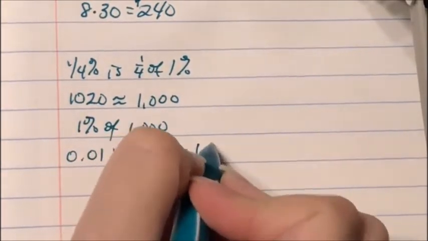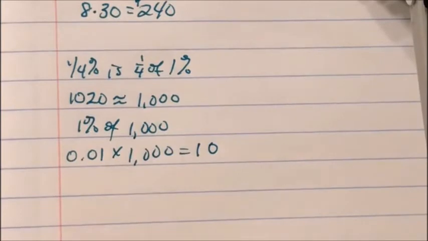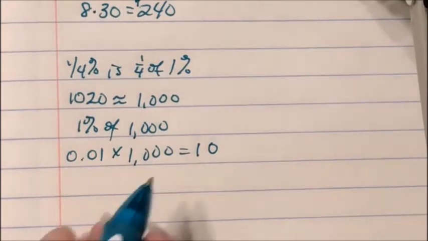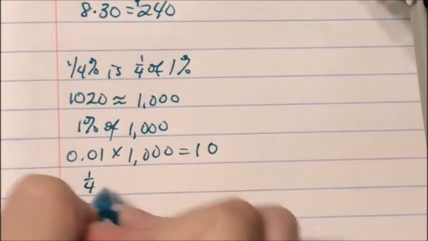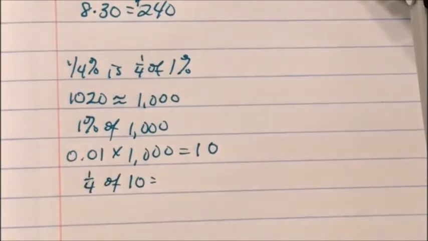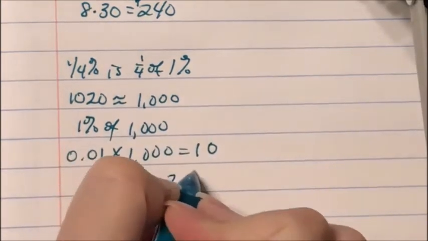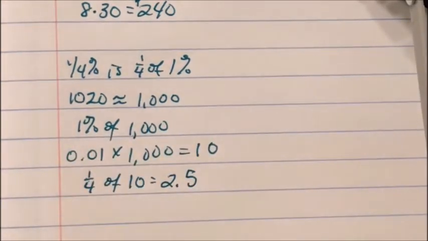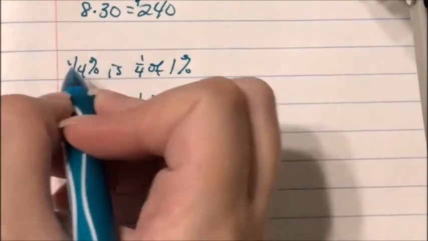So I want to take 1% of 1,000, which is 0.01 times 1,000. That equals 10. Then I want to take 1/4 of 10, which is 2.5. I'm sorry, that's 3/4.